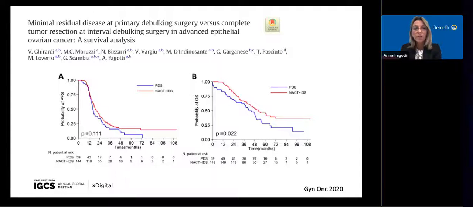And as you can see here from our series, there is no difference between these two groups with respect to progression-free survival. There is actually a difference in terms of overall survival in favor of the no gross residual disease group, but of course here is a limitation given by the bias of selection. Indeed, patients receiving no gross residual disease at time of interval debulking surgery are those patients who responded to neoadjuvant chemotherapy.